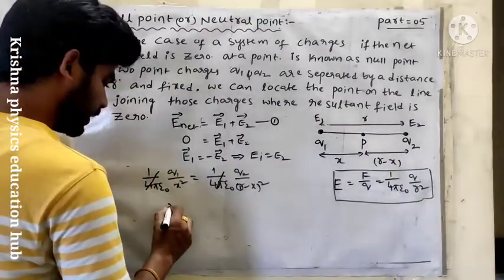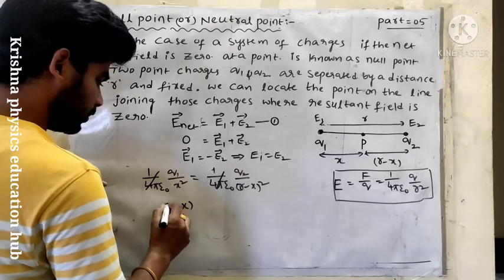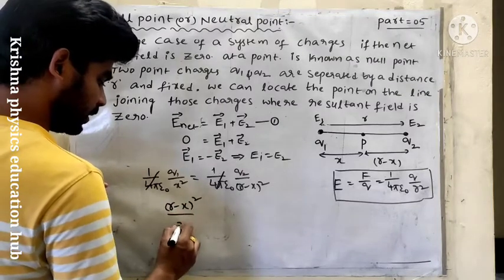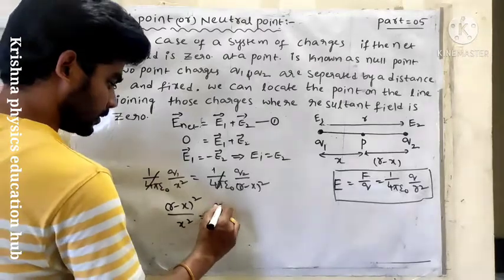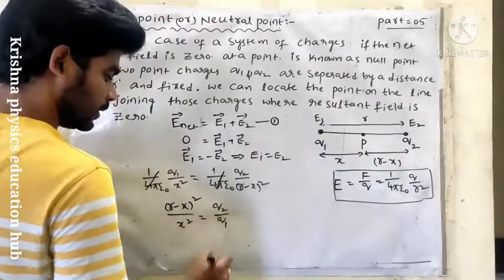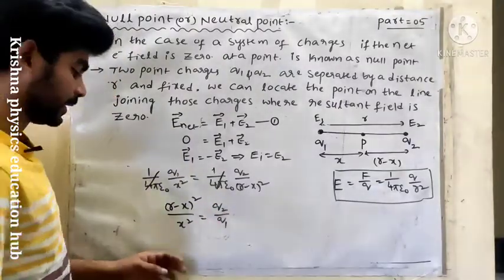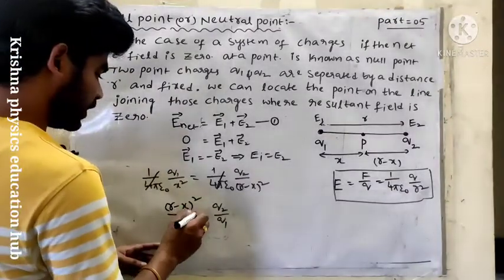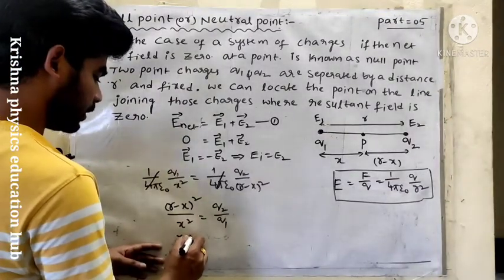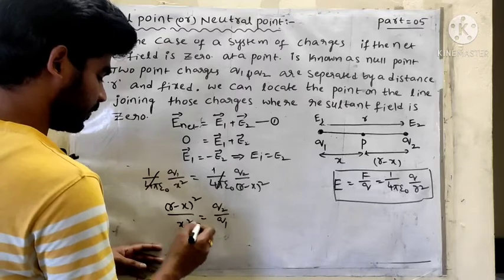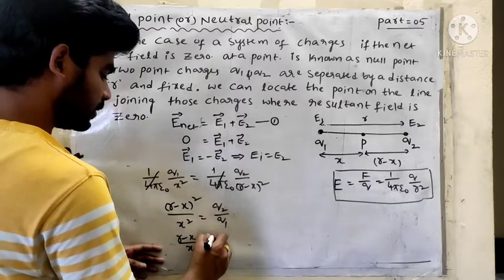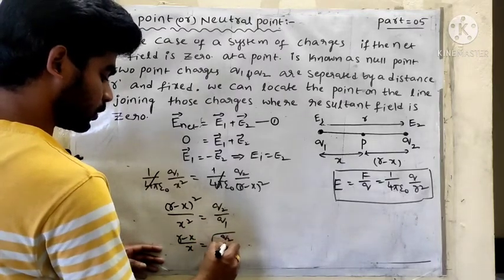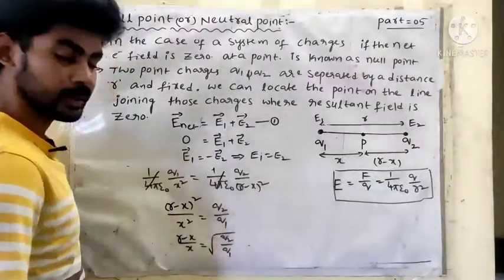So we can write r minus x whole square by x square is equal to q2 by q1. Removing the square, r minus x by x is equal to the square root of q2 by q1.